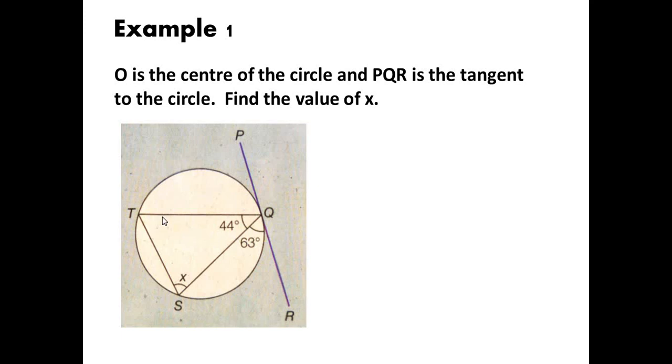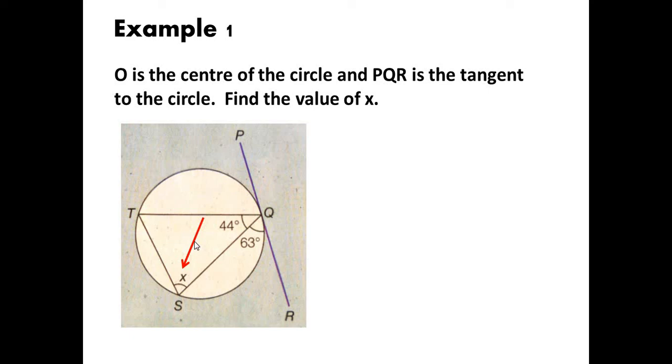Okay, you can do that working directly. You can get your X by subtracting these two angles, or you can use this straight line. The whole angle on a straight line is 180, remember? Okay, so PQT, this angle, is the angle between the chord and the tangent.